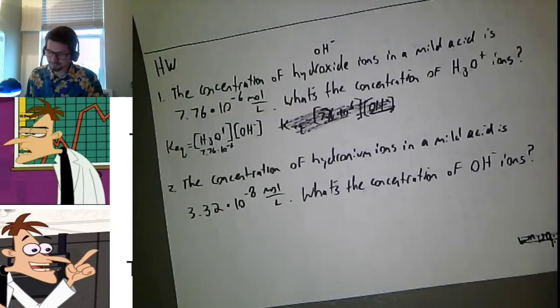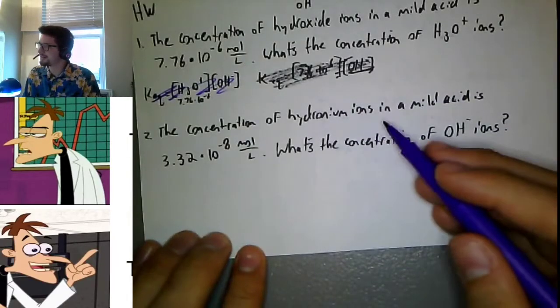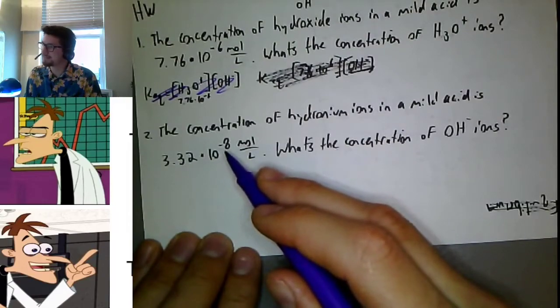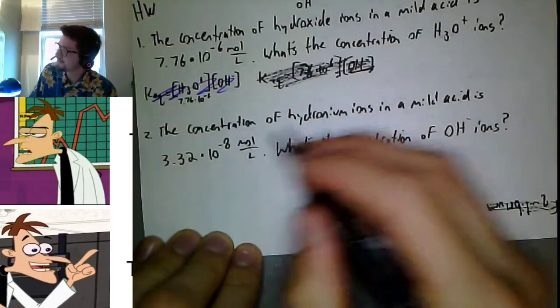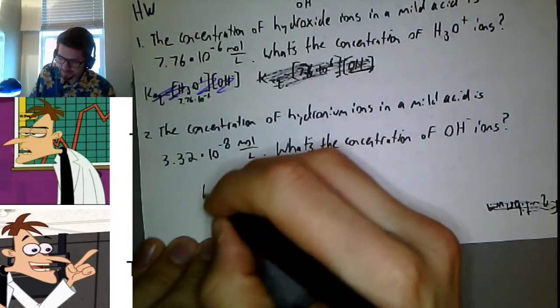Next problem. The concentration of hydronium ions in a mild acid is 3.32 times 10 to the negative 8th moles per liter. What's the concentration of hydroxide ions? Okay, so I know my hydronium and I don't know my hydroxide. So let's set this up like we did before.